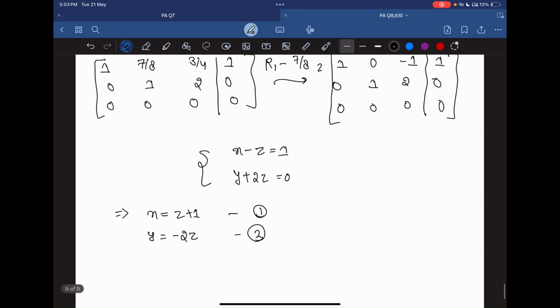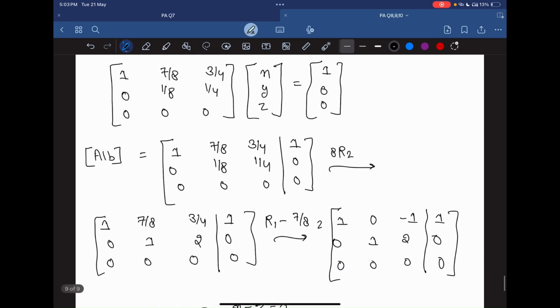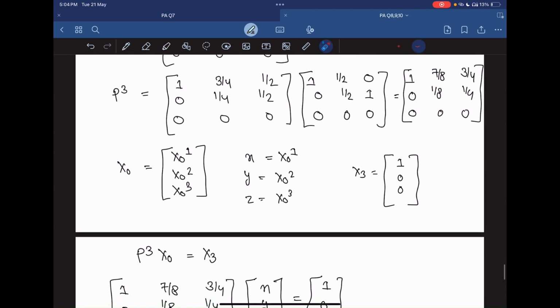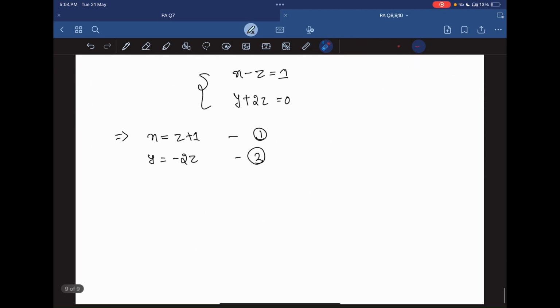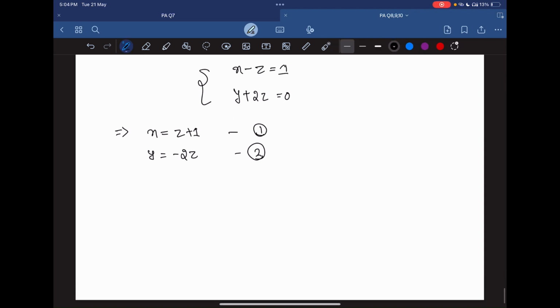Now recall that x, y, z are basically x01, x02, x03, and as these are probabilities, they will always lie between 0 and 1. So that means x, y, z lie between 0 and 1. We have x is equal to z plus 1.